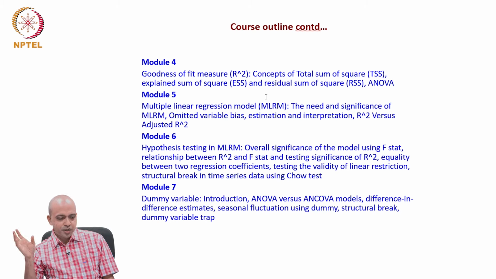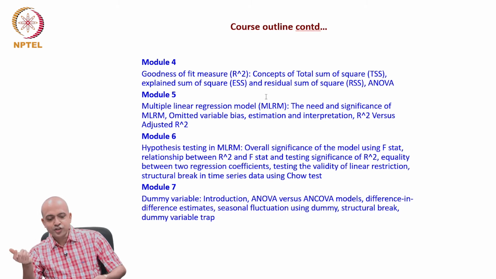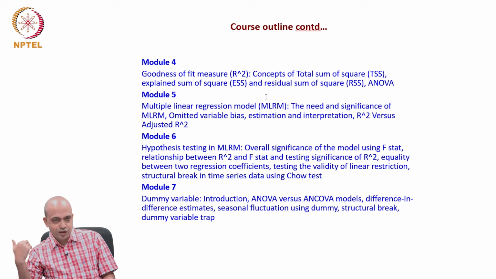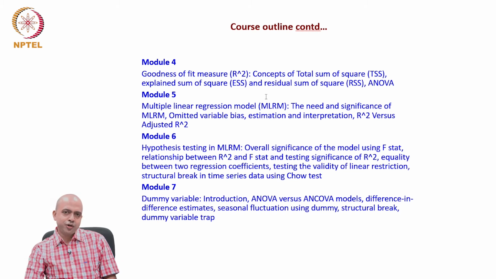That is all right, but first of all we need to learn what is the objective and significance of a multiple linear regression model, and we would be learning the importance of multiple linear regression model in the context of omitted variable bias. So, that means there might be several other factors apart from income that might also have some impact on consumption.